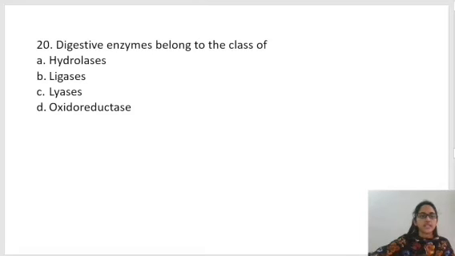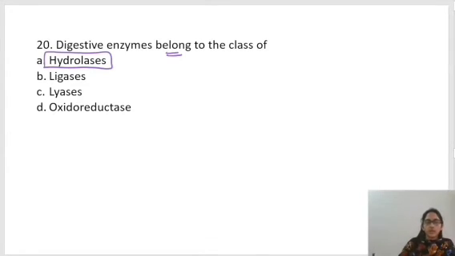Now, digestive enzymes belong to the class of hydrolases. If you know the function of hydrolases, you'll be able to understand them. Hydrolases are the classification of enzymes which break a linkage by adding water.